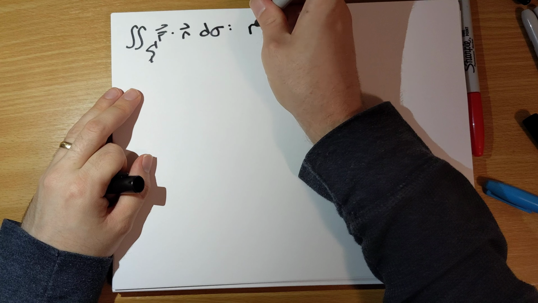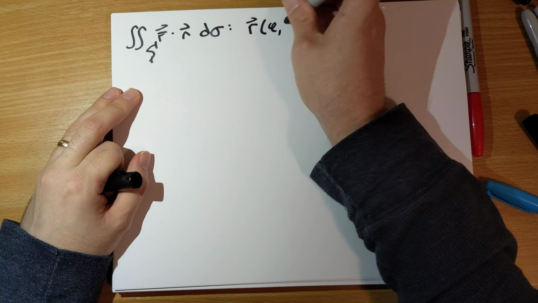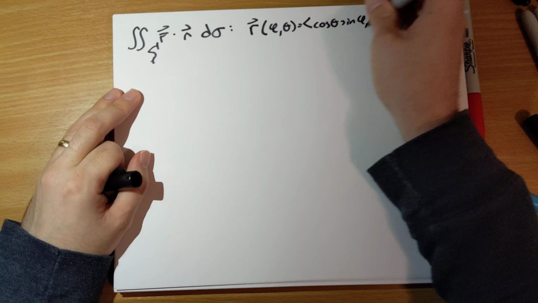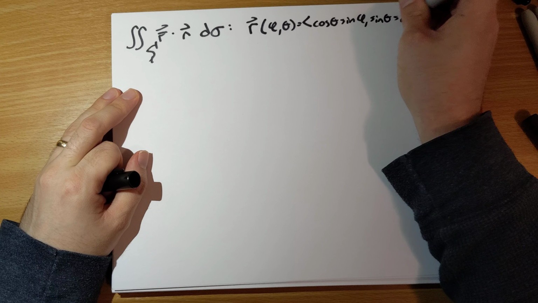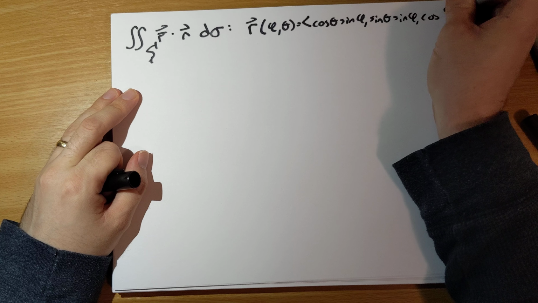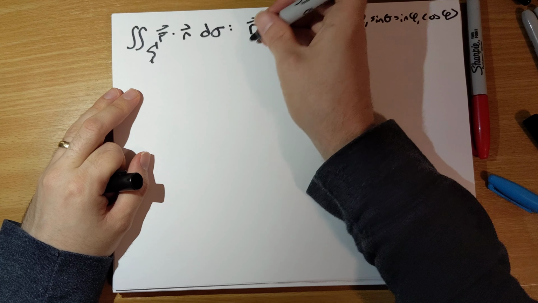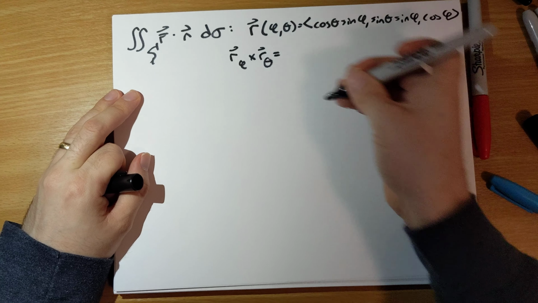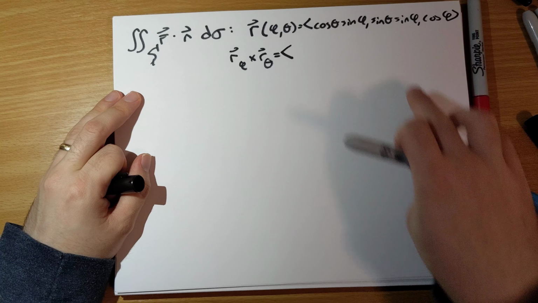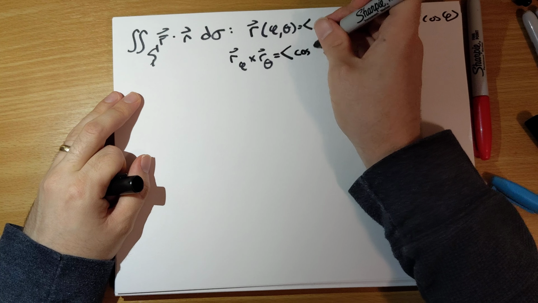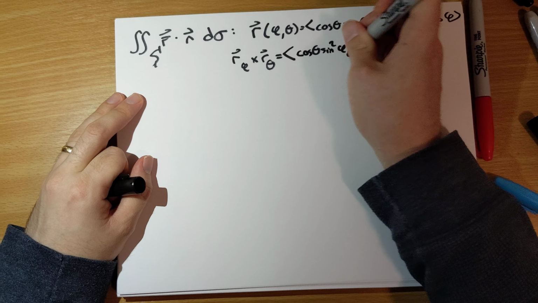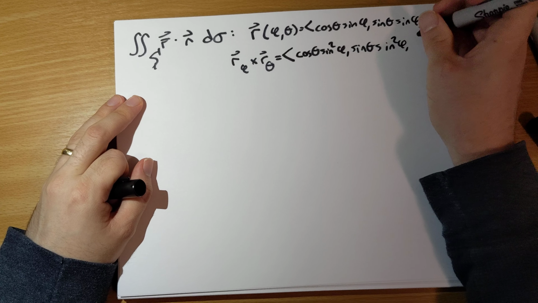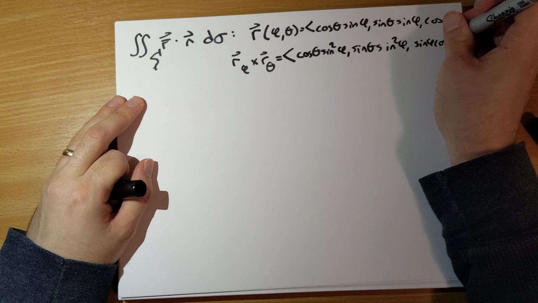As I said here, our parametrization is going to be cosine theta sine phi, sine theta sine phi, and cosine phi. And the cross product is going to be sine phi times this. So cosine theta sine squared phi, and sine theta sine squared phi, and sine phi cosine phi.